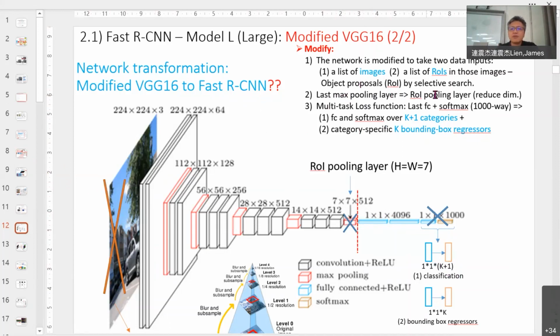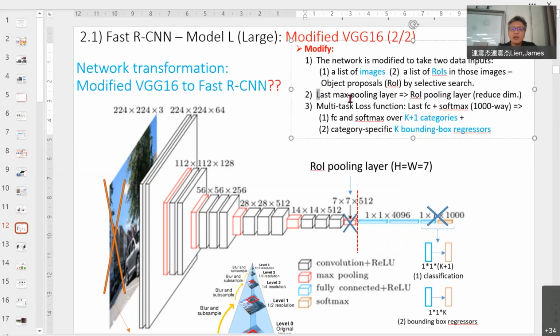That's the maximum pooling. Here, the maximum pooling is meant to reduce more parameters, especially here, because this one is a fully connected network. So if you have a 7x7 by 512, you have to flatten here.